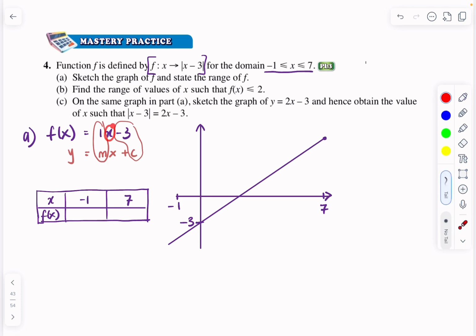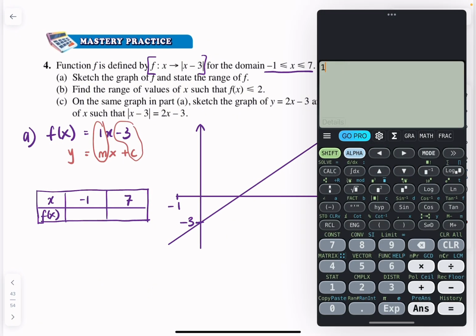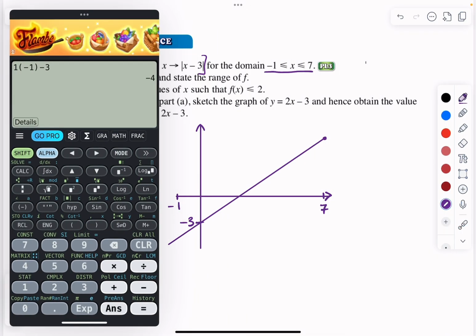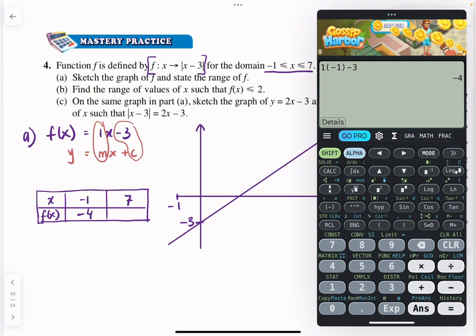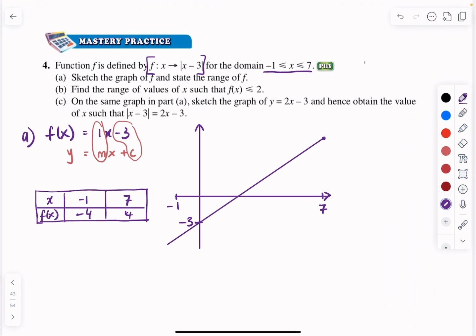So 1 times negative 1 minus 3, you can use your calculator, we get negative 4. And then 1 times 7 minus 3 is 4. So this coordinate is negative 1, negative 4. This coordinate is 7, 4.